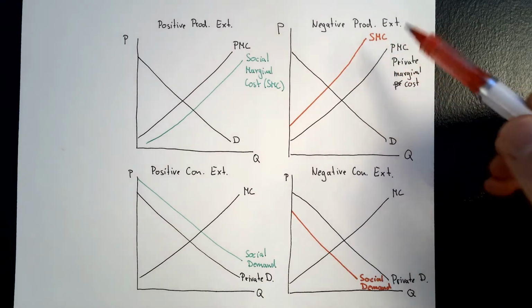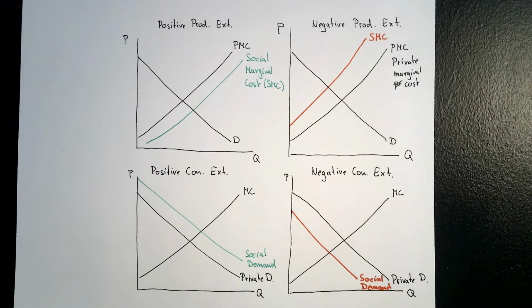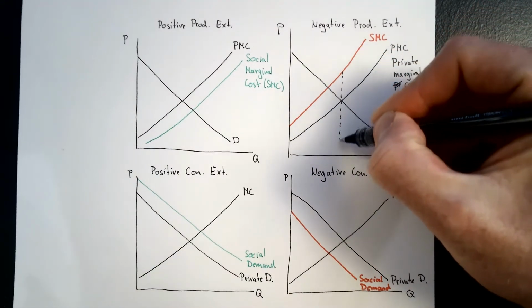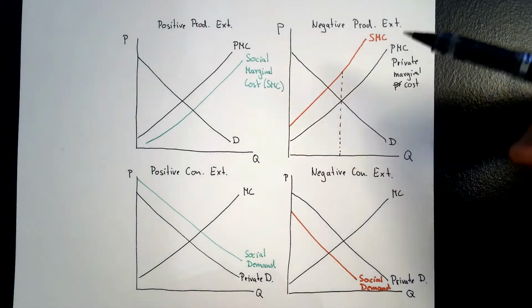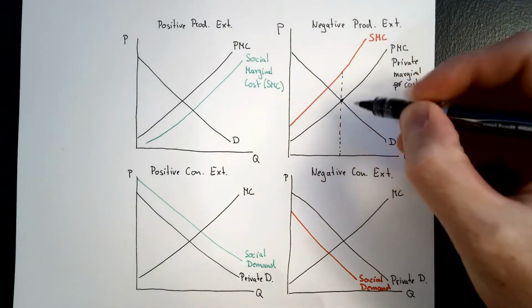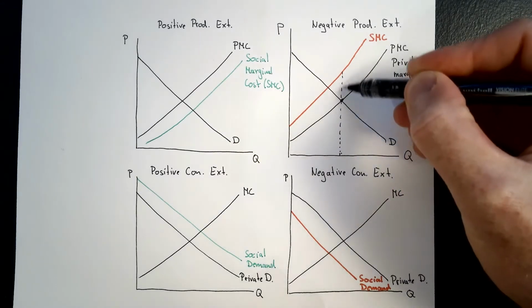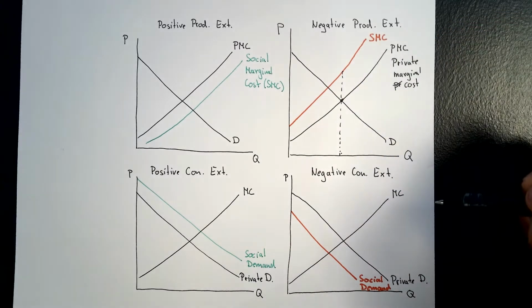Okay, so this means that for each level of production, so let's have the production right here, we have a cost that is paid by the firm, but then we also have an additional cost that is paid by society.